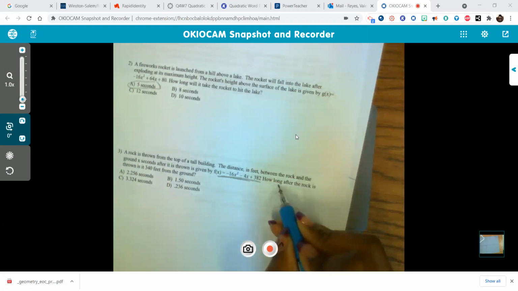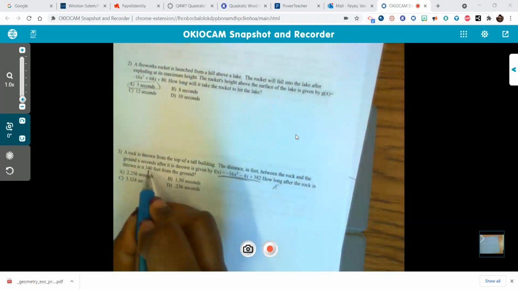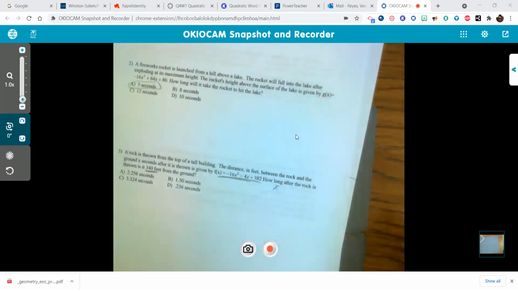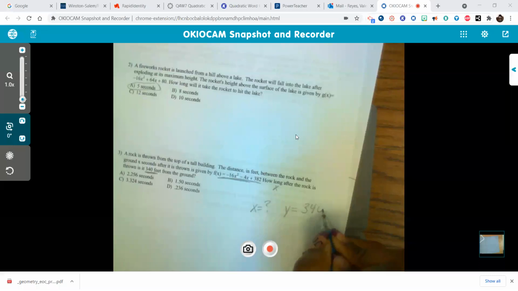How long after the rock is thrown is it 340 feet from the ground? They're asking me for the x value because that's talking about time. What is x equal to when y is equal to 340?